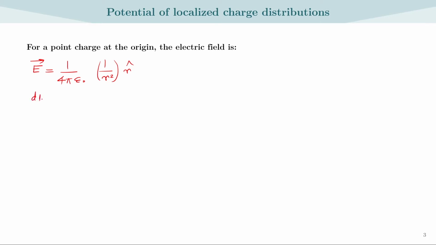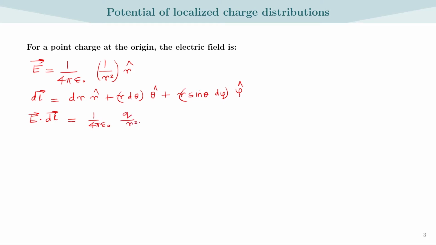And also, a line element dl can be written in spherical polar coordinates as dr r hat plus r d theta theta hat plus r sine theta d phi times phi hat. When we take the dot product E dot dl, this will yield 1 over 4 pi epsilon 0 q over r square dr.